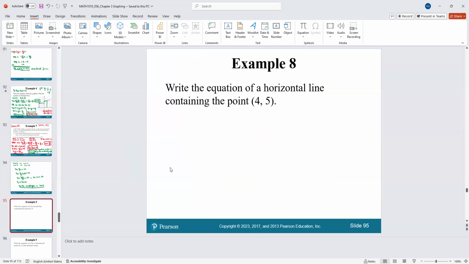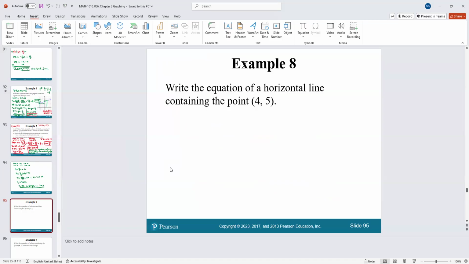Now, with the next examples, number 8 says, write the equation of a horizontal line containing the point 4, 5. In these examples, what we're trying to do is write equations of vertical and horizontal lines.